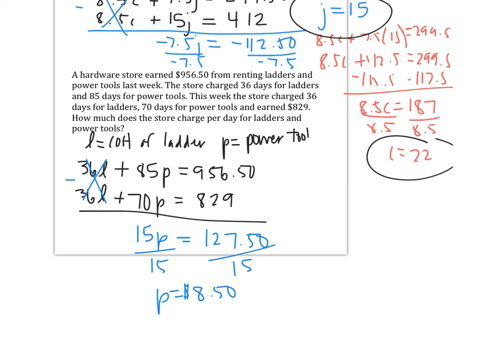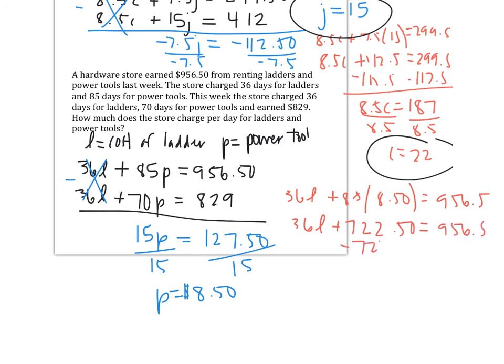Now if I plug that in to figure out L, I'm going to plug that into, let's do the top equation. So I'll say 36L plus 85 times 8.50 equals 956.50. 36L, then 85 times 8.50 is 722.50.